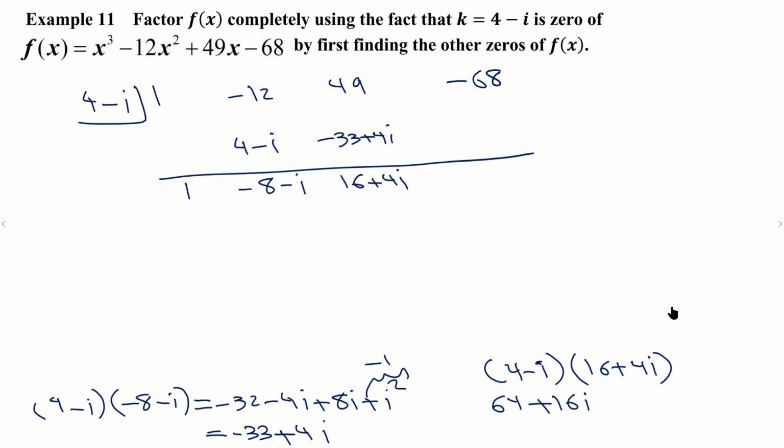Now I'm going to distribute the negative i. So minus 16i and then plus 4i squared, right? Which I know is negative 1. So I get, the 16i and negative 16i cancel out. So I get 64 minus 4.